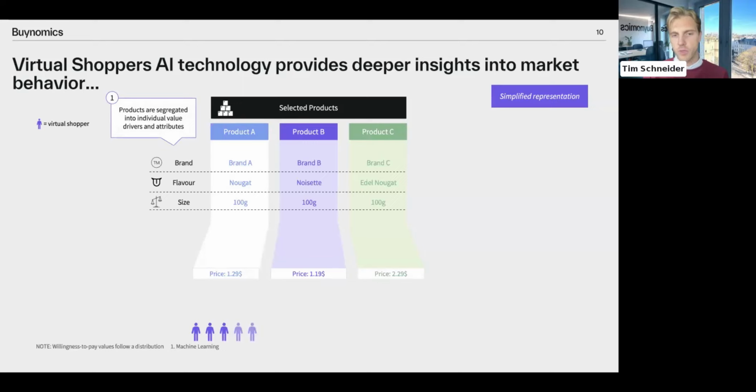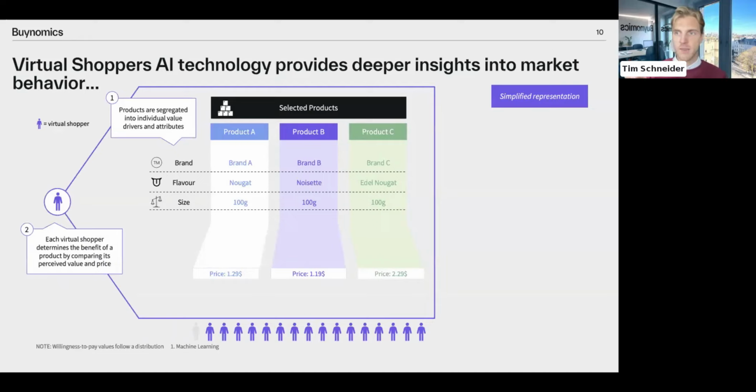And our virtual shoppers, of which there are millions, each one of them is individually calibrated for this market. As also mentioned on the slide earlier, with agent-based modeling, we are not modeling individual intelligence, but rather collective behavior.